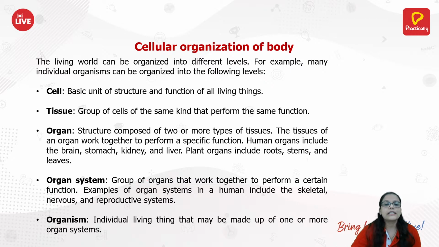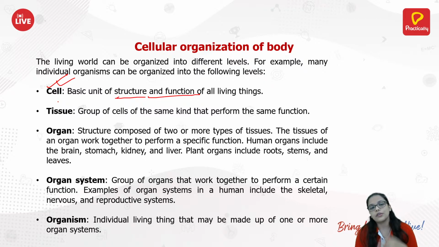So we start with the cell, the basic unit of life, the structural and functional unit of life, which consists of a lot of things. There are prokaryotic cells, eukaryotic cells, and so on. We'll discuss it later. Then a lot of cells make a tissue.